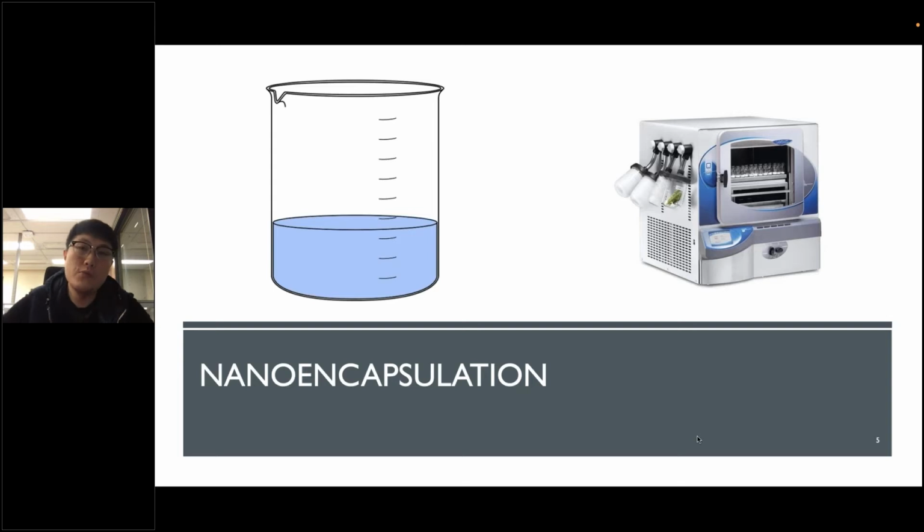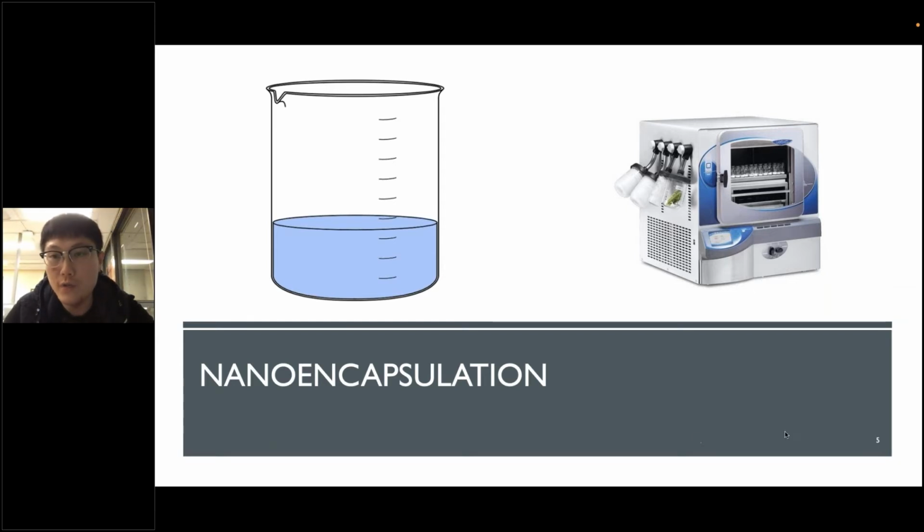But there are also some drawbacks of nanoencapsulation, because during the preparation we need to prepare the nanoparticles in solution. But after long storage, it may leak out. So we need to dehydrate them to store them.